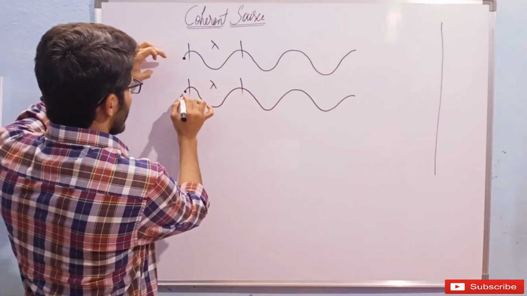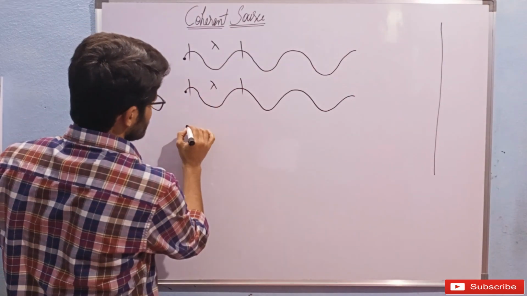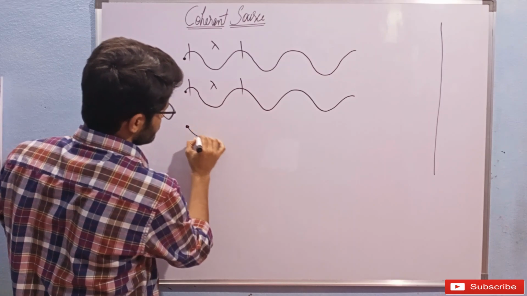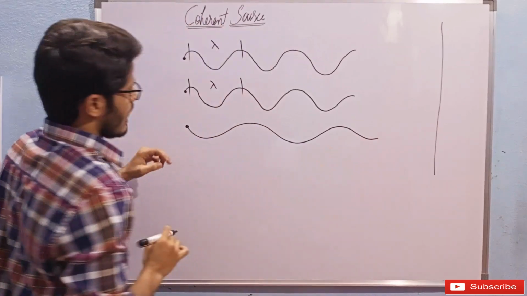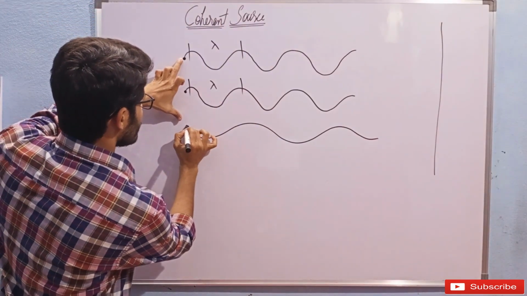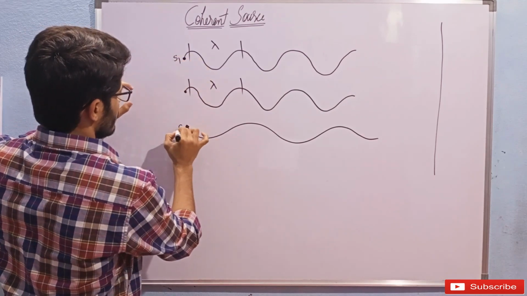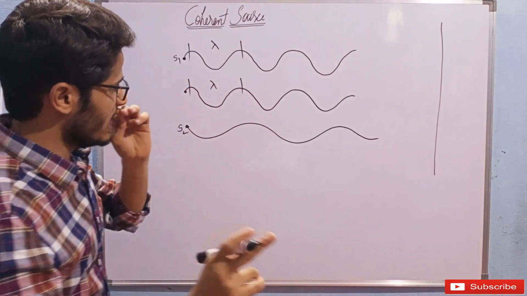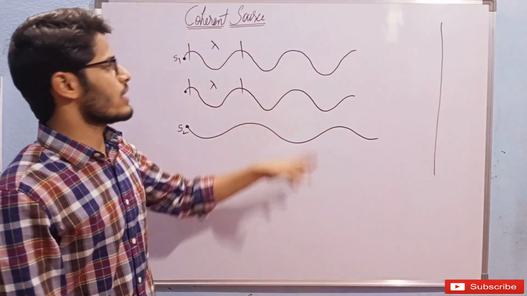Suppose instead of this source, I have a source whose wavelength is a bit different compared to the first source. Now I am trying to get the interference pattern due to these two sources, S1 and S2.